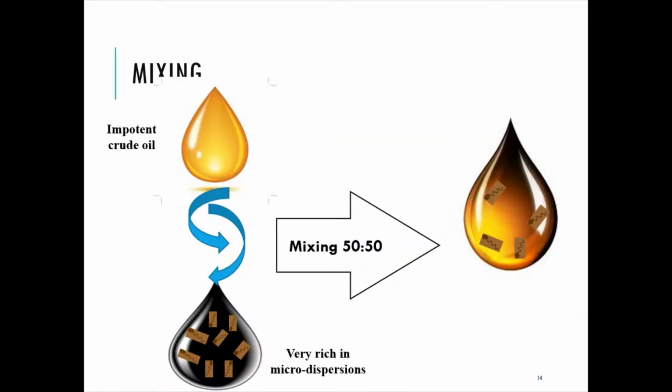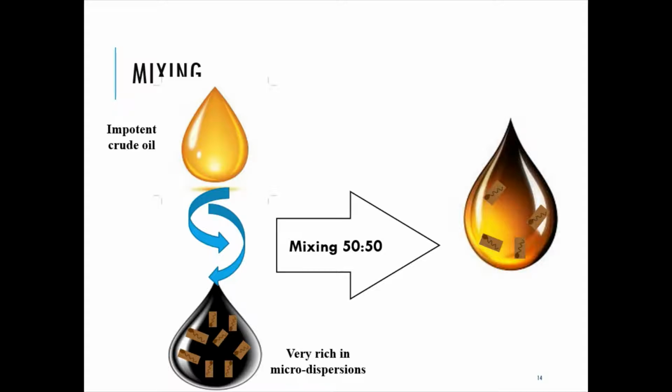So in our experimental approach, which was a bit novel, we tried to mix the crude oils to come up with a new blend of the impotent or negative crude oil with the positive crude oil. We mixed them 50-50 to reach another new crude oil.